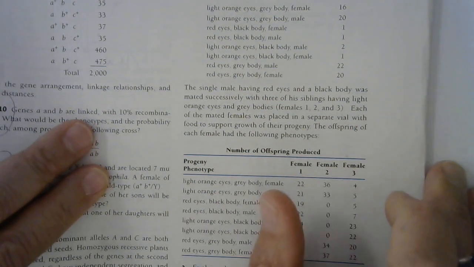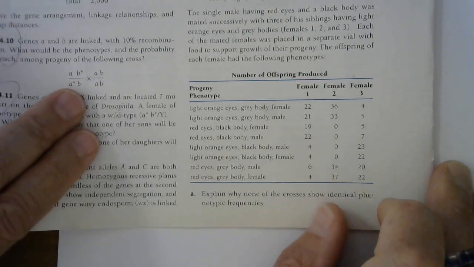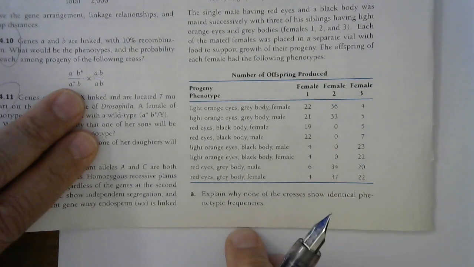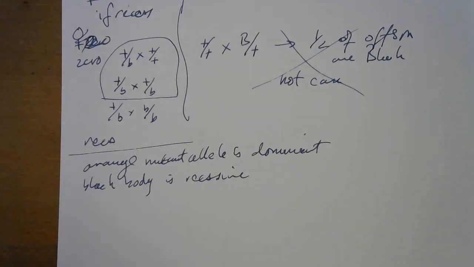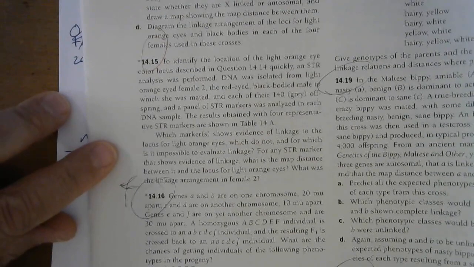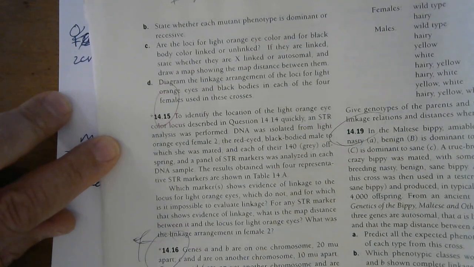Let me go on. Each of the following, and then: explain why none of the crosses show identical phenotypic frequencies, and then state whether each mutant phenotype is dominant or recessive. So we've done that part.